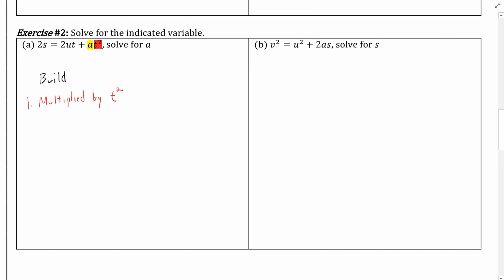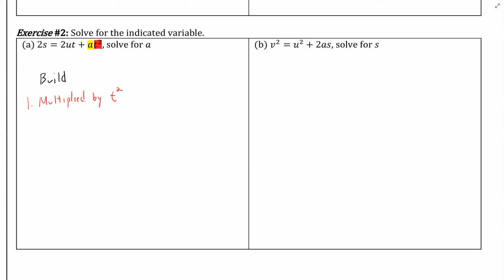What else do we have? Well, we have this 2ut. While it is true that technically there are 3 different things going on, since we are trying to get a by itself, for the purposes of this problem, we can kind of group the 2ut together.